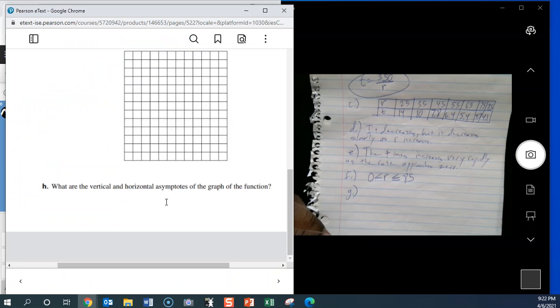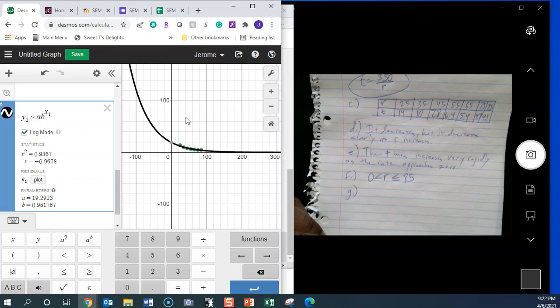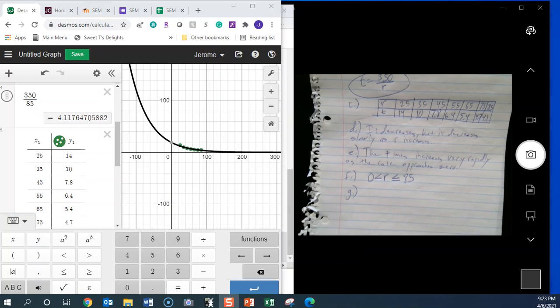It says, what are the vertical and horizontal asymptotes of the graph of the function? Now, if we look back here at Desmos, this graph we have to look at as not crossing the x and y axis, because when we're doing a problem like this, remember, we're doing things that are practical.